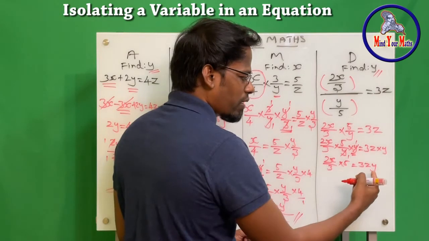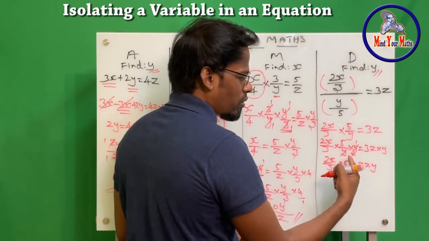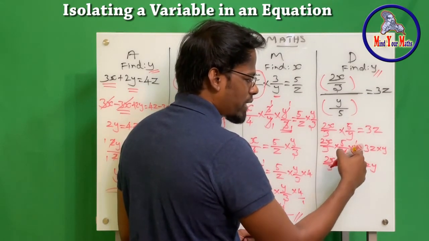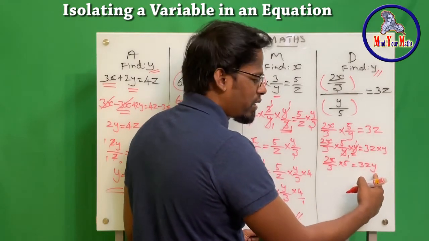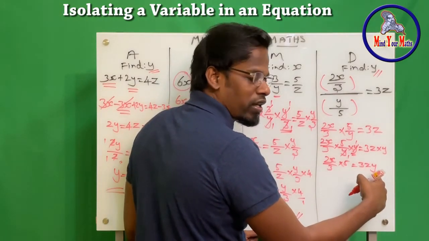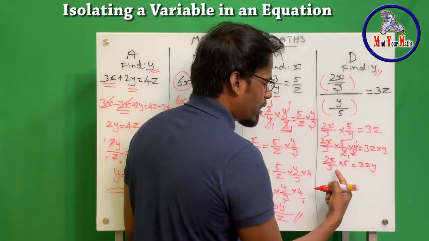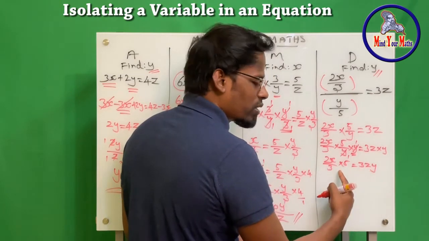Now you see the y is now in the numerator. So we just multiplied here using the y, so that the y gets cancelled, and on the other side the y is multiplied, and it is now in the numerator. So now this equation we can write in the reverse way. This one is equal to this one, so this one also is equal to this one, right?